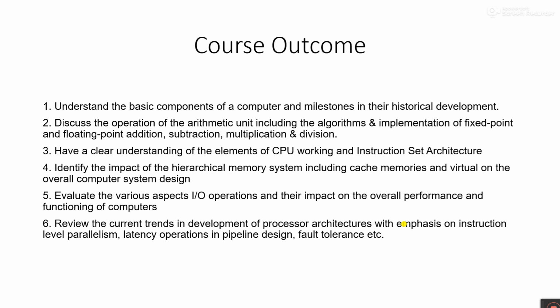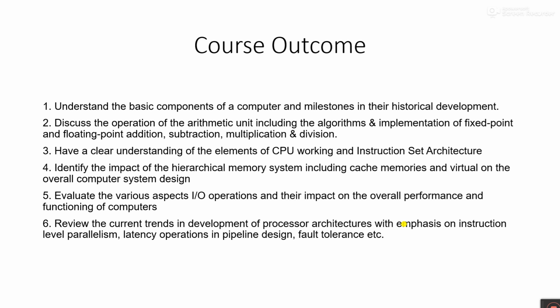Next we will discuss input output architectures, and evaluate the various aspects of input output operations and how they affect the overall performance and functioning of the computer. Lastly, we will review the current trends in the development of processor architecture, with emphasis on instruction level parallelism, latency, pipeline design, and fault tolerance.